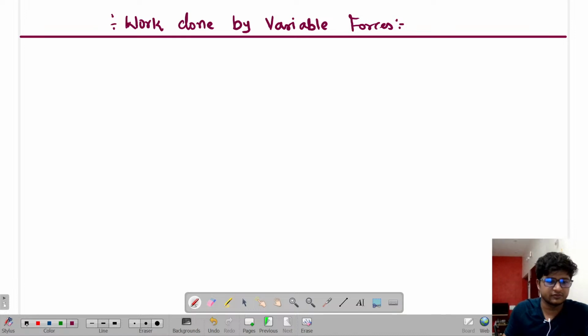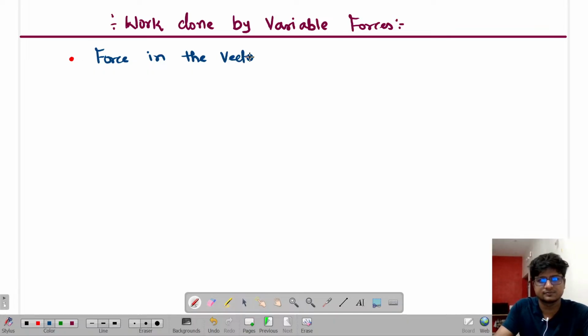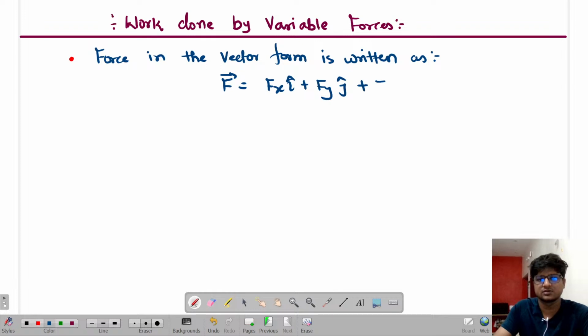Now, but first we need to define the formulas. See, to go into this, the first thing we have to understand is that force in the vector form is written as F vector, which is written as Fx i cap plus Fy j cap plus Fz k cap.